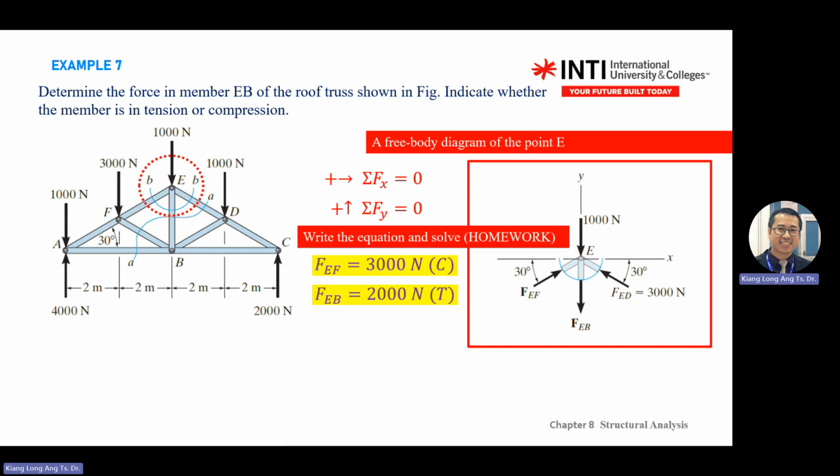Okay, yesterday we stopped at example 7. What we have learned so far is zero force member, and how to find zero force member.